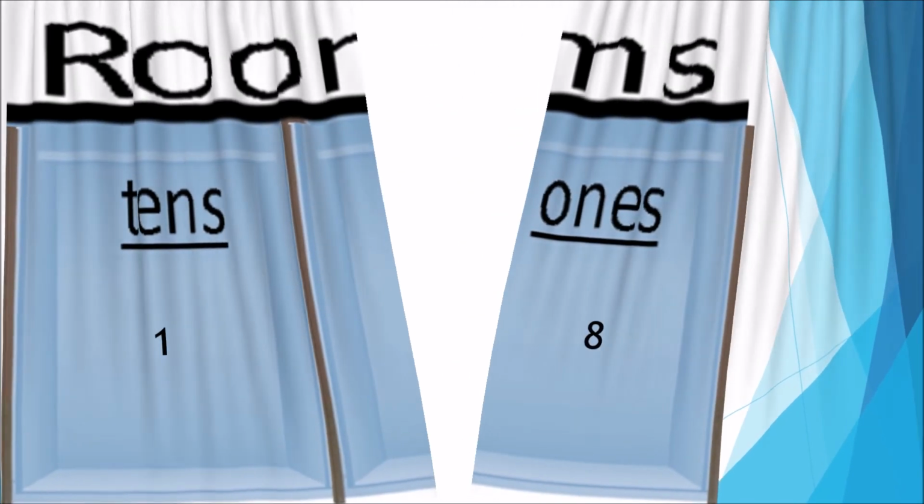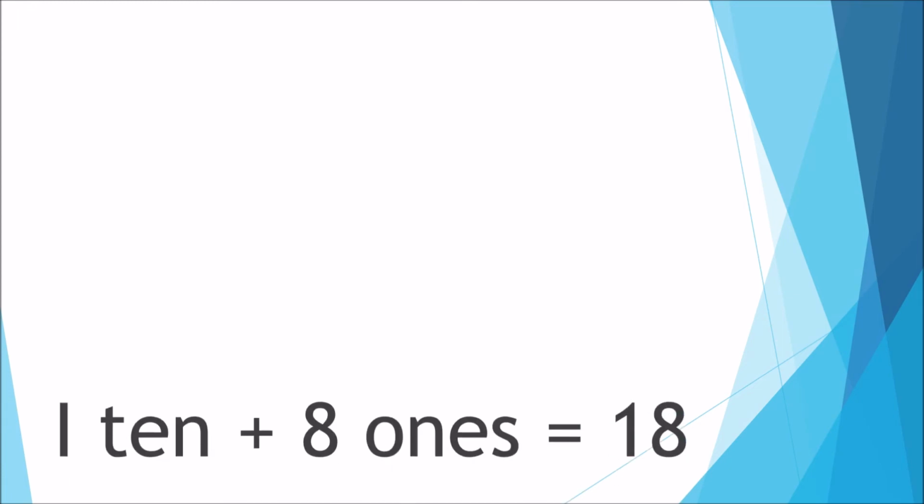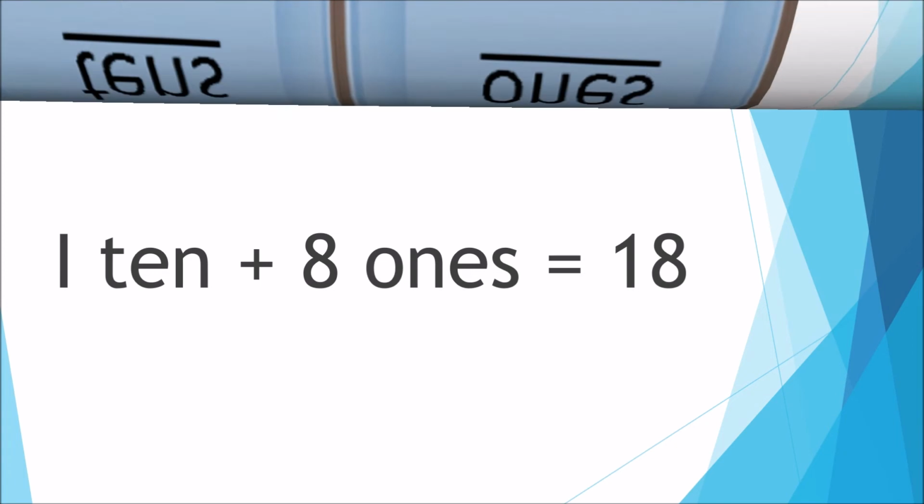What number do we get? Can you say that number? 1 ten plus 8 ones equals 18. That number is 18.